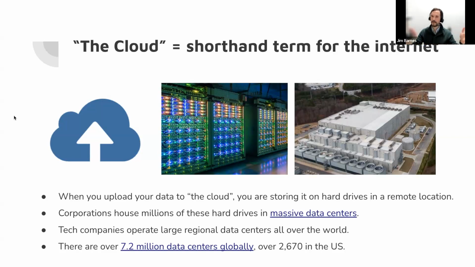I thought these are pretty interesting because you don't really notice them. There may not be a huge sign out front that says what they are, or it may not be that noticeable, or it may be in a remote location even. But corporations house millions of these hard drives in these massive data centers.